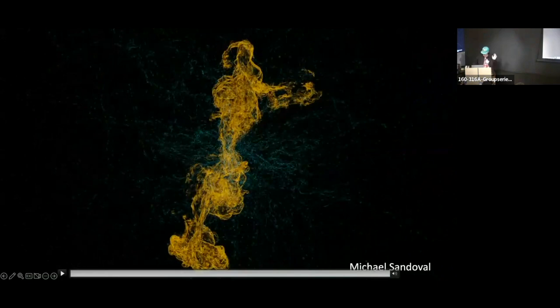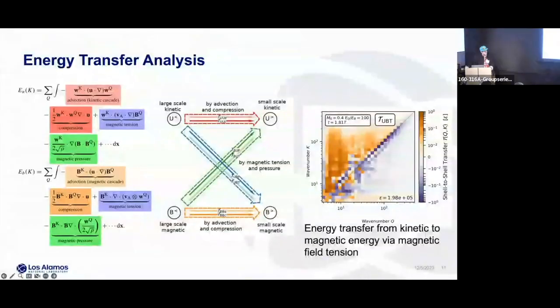So the big piece of analysis that we want to do is called an energy transfer analysis. This is if you break up the energy reservoirs of the kinetic and the magnetic energy along different scales, and then look at how the sum of energies from different scales contribute to those length scales.